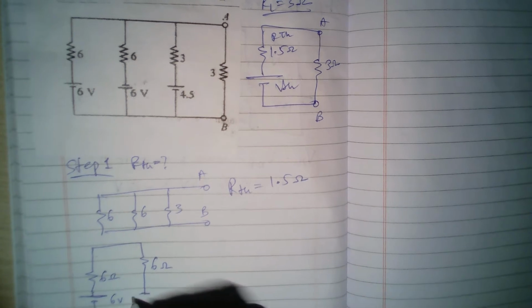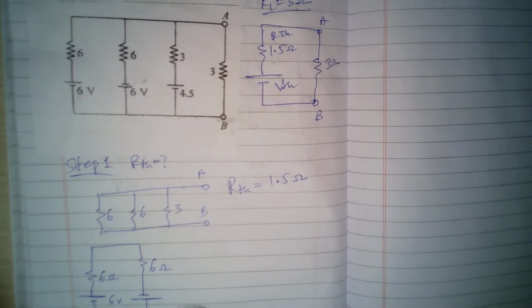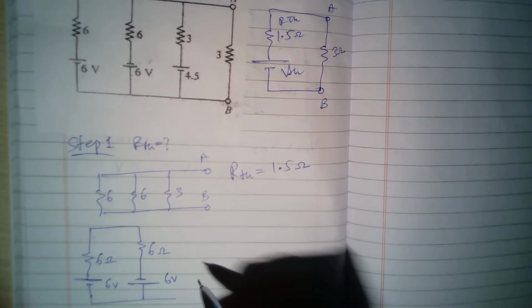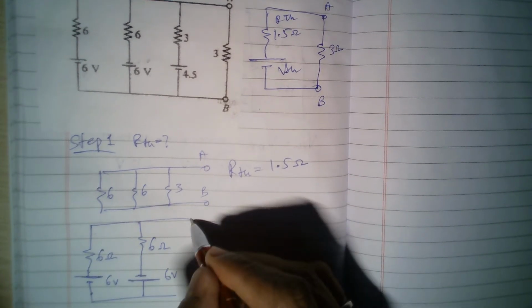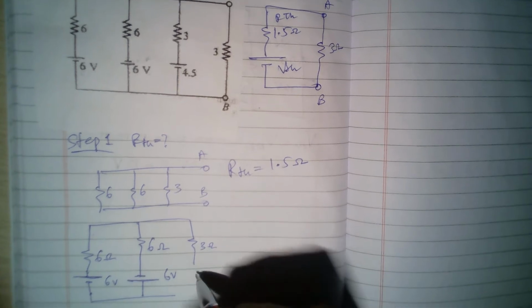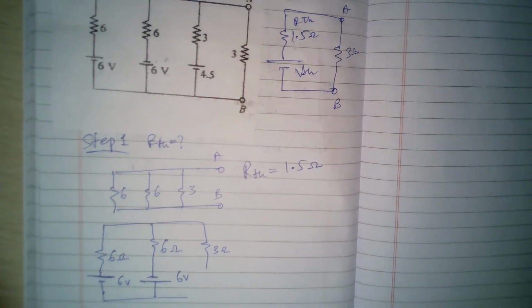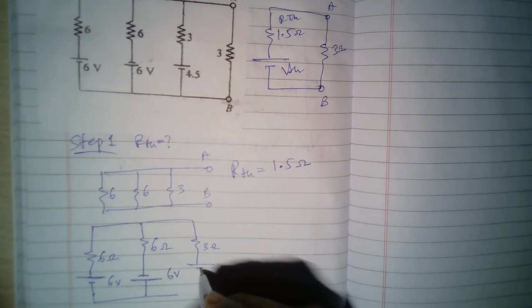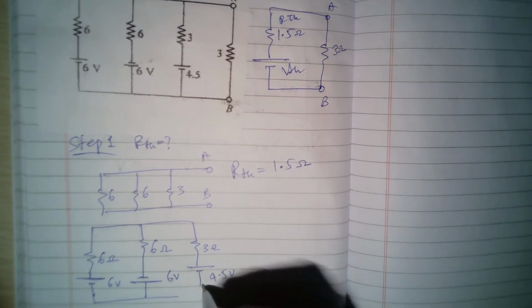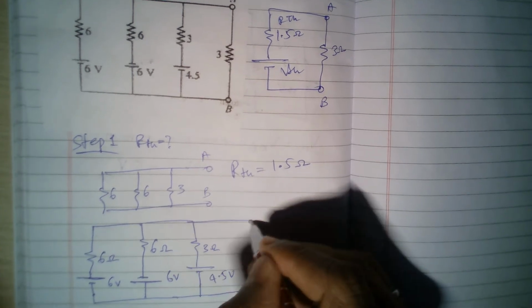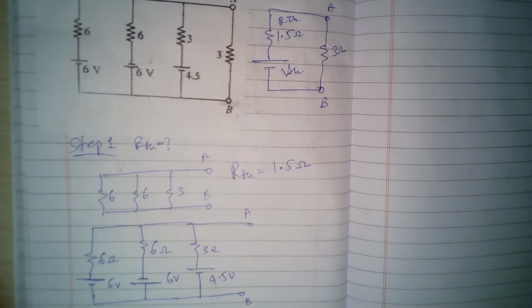Here the battery is exactly the same, but the polarity is different, 6 volts, and I have 3 ohms and 4.5 volts, and then I have these terminals A and B.